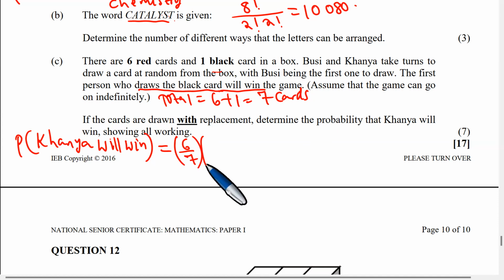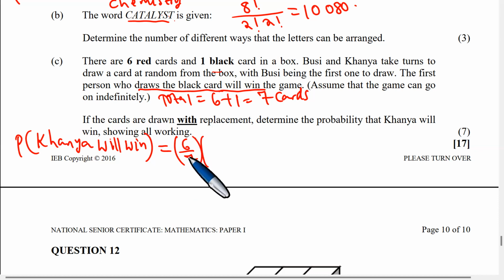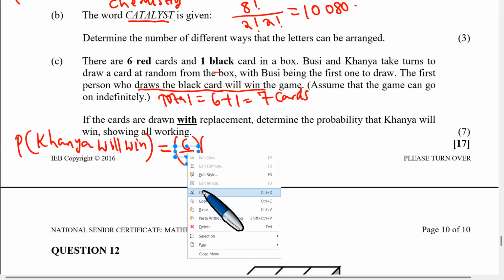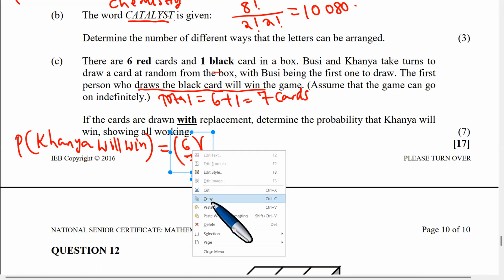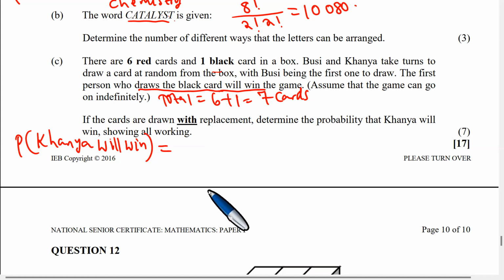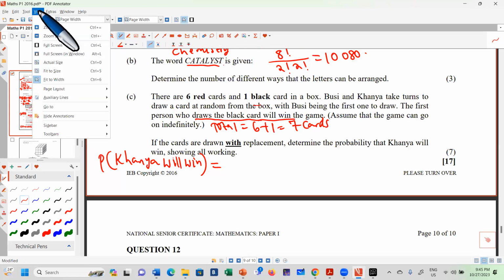Let me do the question like so. Right, the probability of Kanye winning the game, guys, is given as follows.